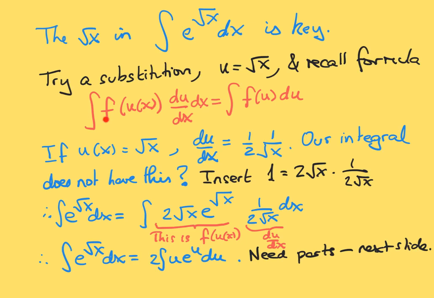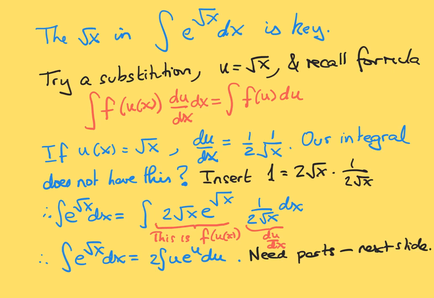This is what is called f of u of x in the formula. So this idea of inserting a 1 is sometimes very useful. And if this factor is already there explicitly, then I wouldn't normally bother doing all of this. I would just try to see if I could do it by inspection.